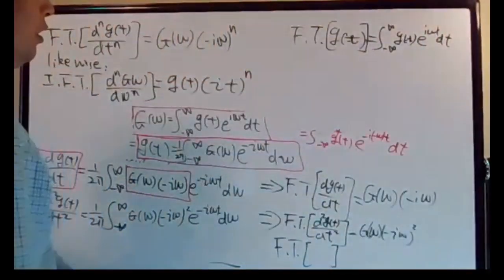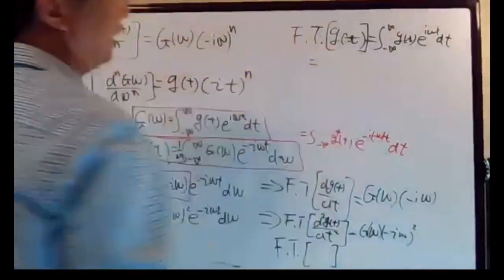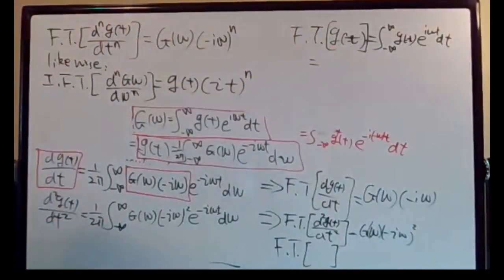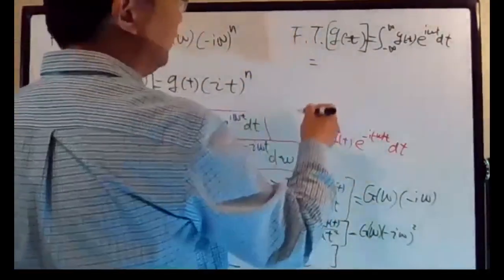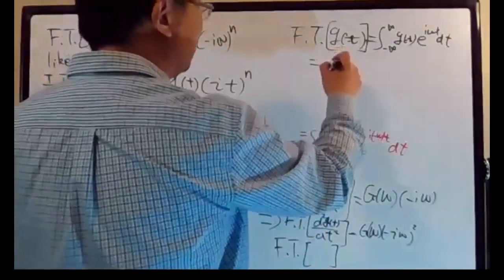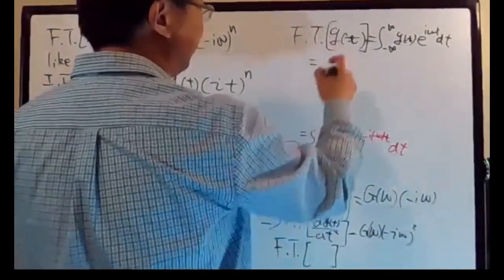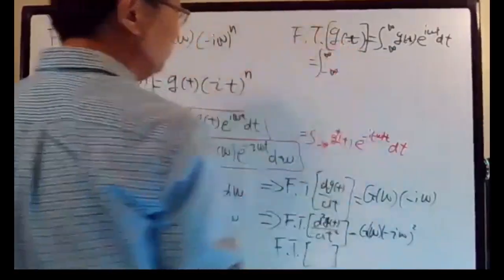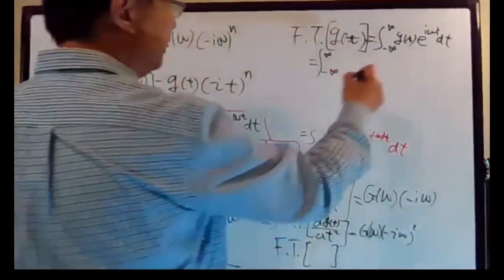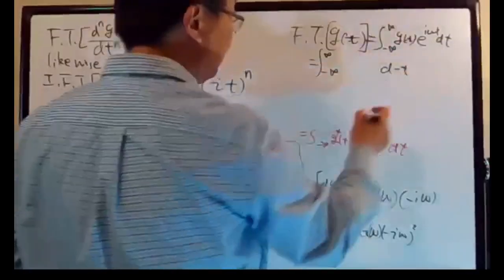Let's put the negative there. If we put the negative there, that means it's negative infinity, and then negative dt.